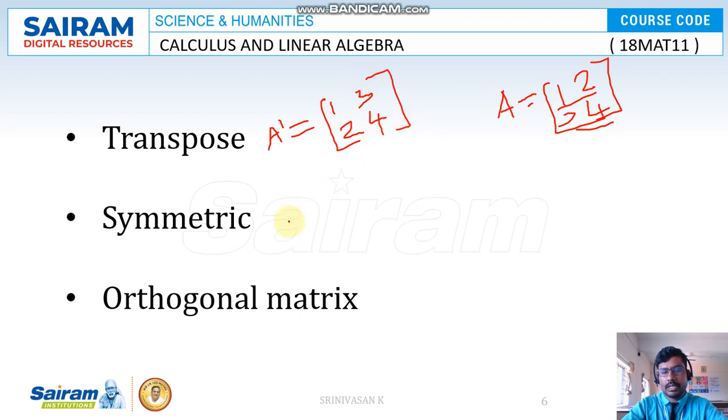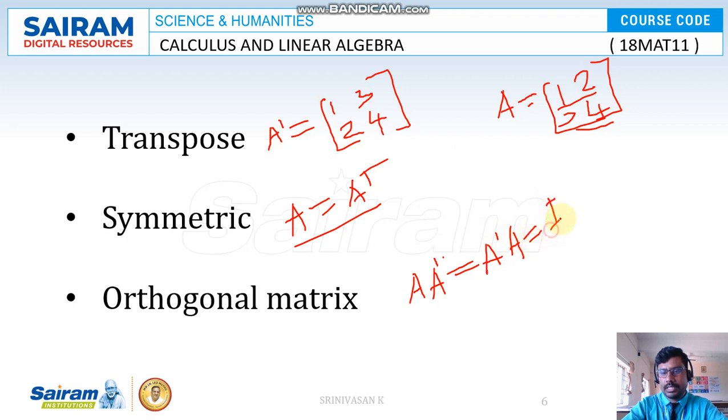The symmetric matrix is nothing but, if A equals A transpose, the matrix A is called a symmetric matrix. What is an orthogonal matrix? An orthogonal matrix is one where A into A transpose equals A transpose into A, which equals the identity element, that is the unit element I. Then the matrix is an orthogonal matrix.